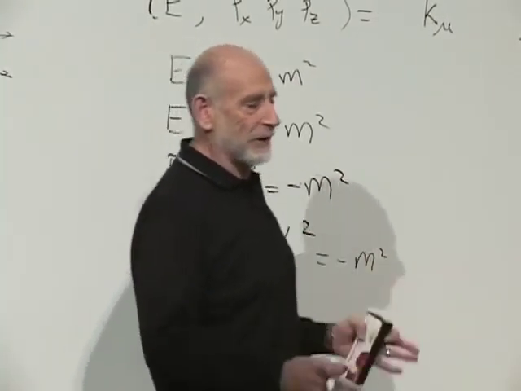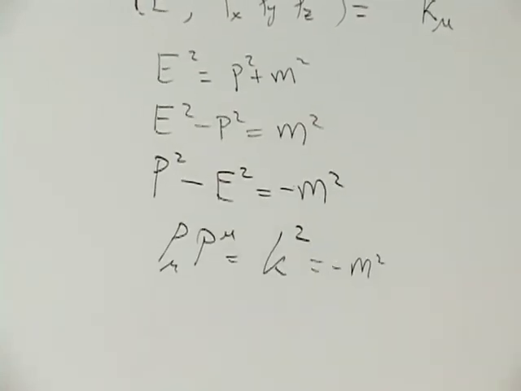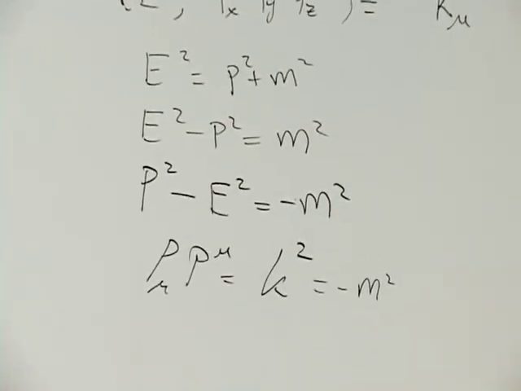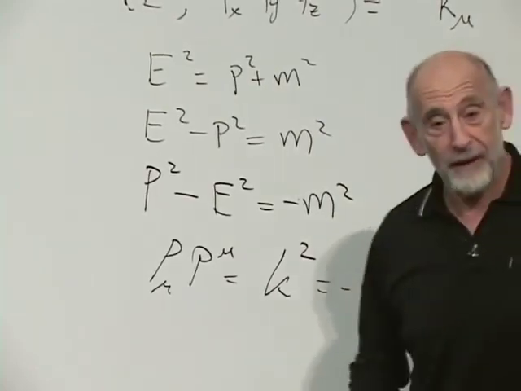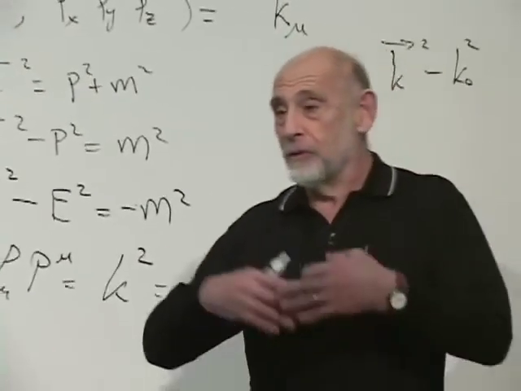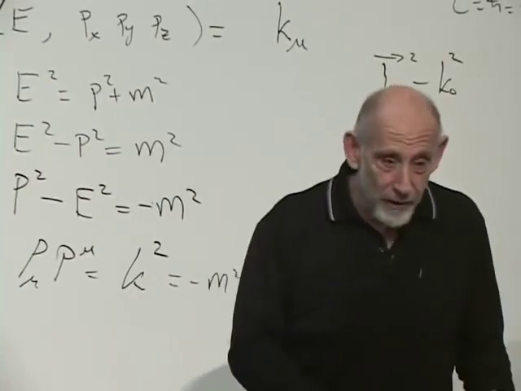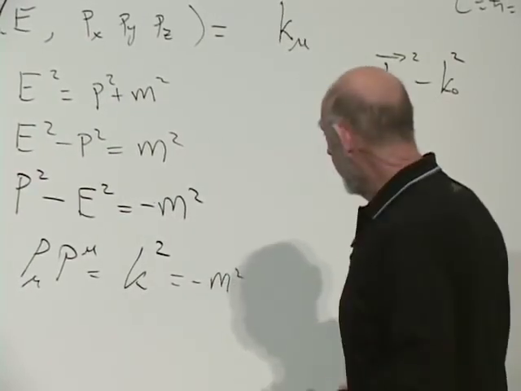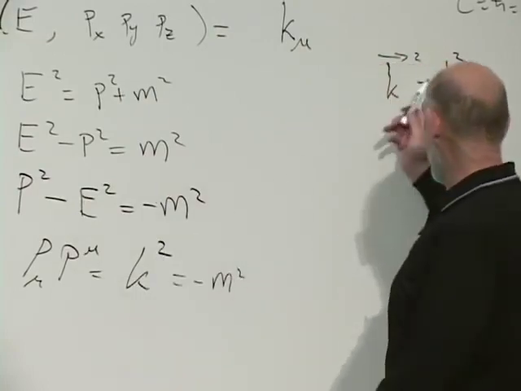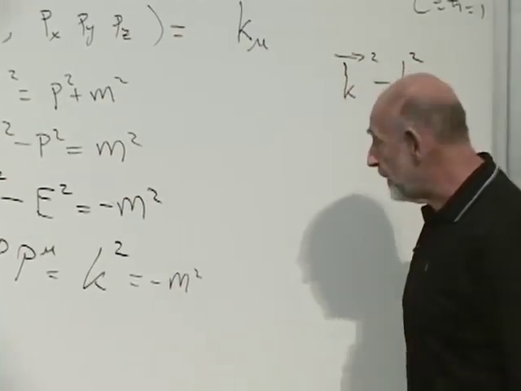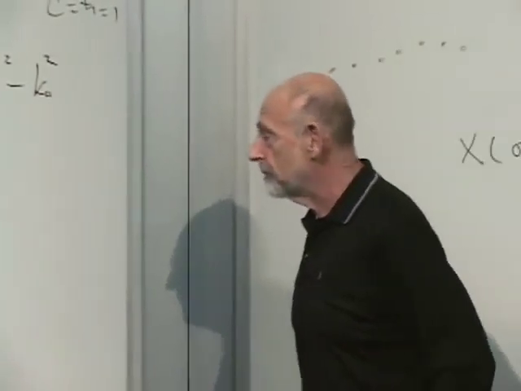You can't vary k squared. Of course, k squared consists of the energy and the momentum. When you say you can't vary k squared, it doesn't mean you can't vary the momentum. It means when you vary the momentum, the energy varies in a certain way. And the way that it varies is that E squared minus p squared, or k naught squared minus k space squared, equals minus m squared.